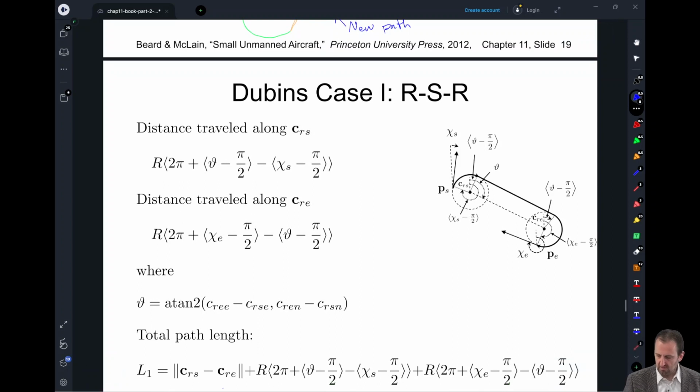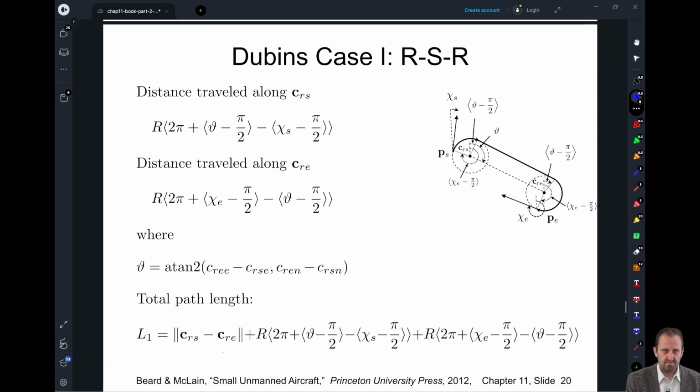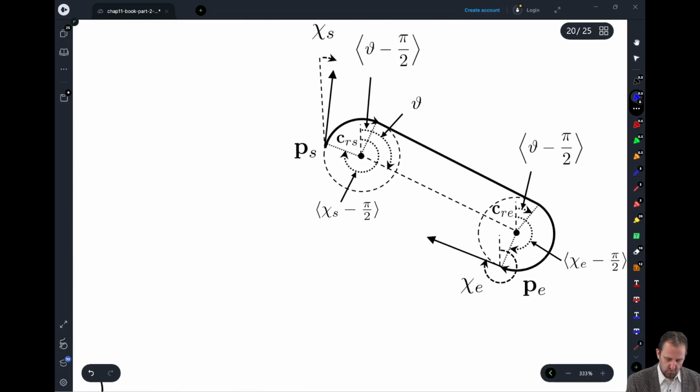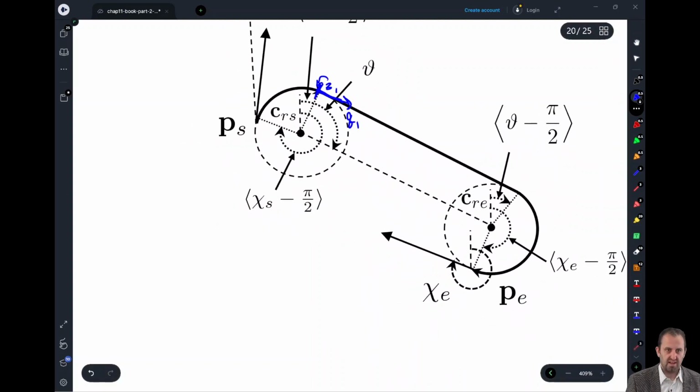To start off, we'll look at again our RSR, which is kind of our simplest path that we've done. We defined all the geometries for this one. We should be good to go. So let's review. We're going to be switching at this point. So this will be our Z1, and we'll let Q1 be the vector. So Z1 is the point, remember, and Q1 is the vector orthogonal, or the normal vector, for our half plane, which just so happens to also be pointing along the path.